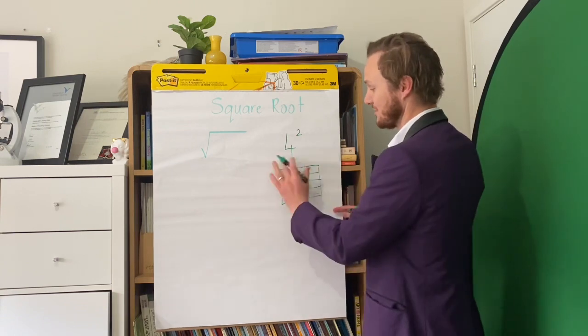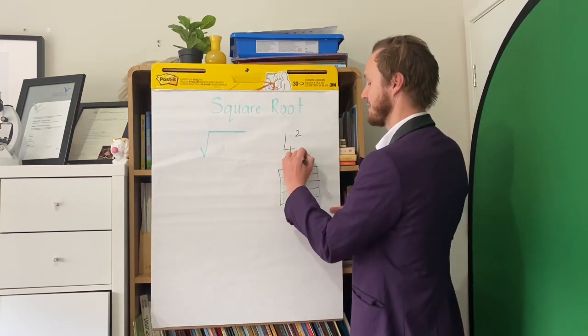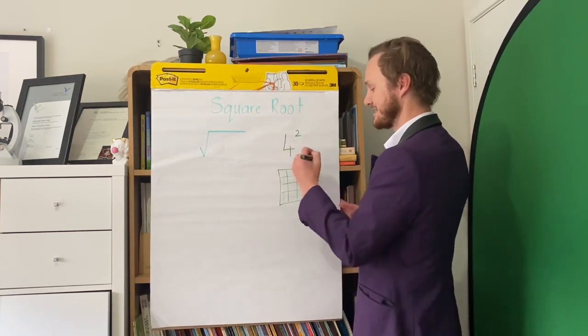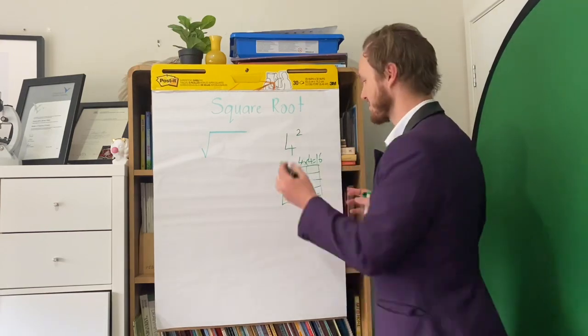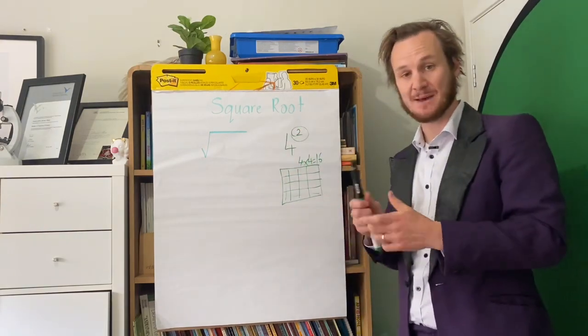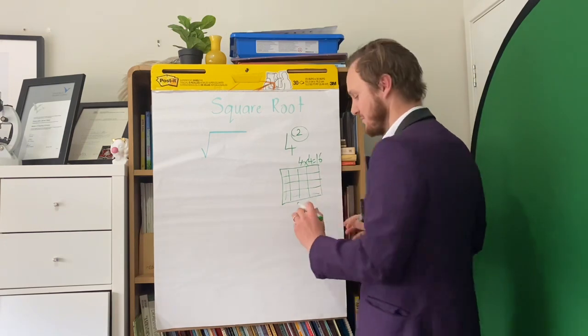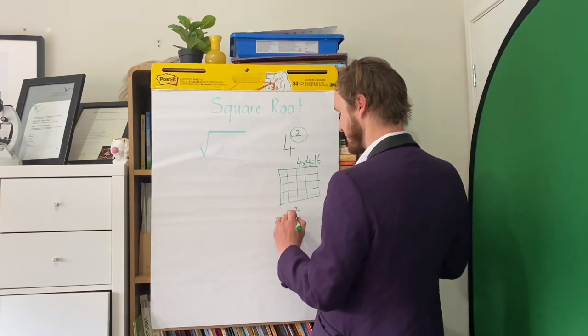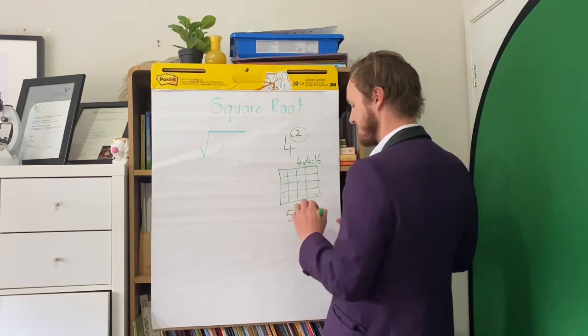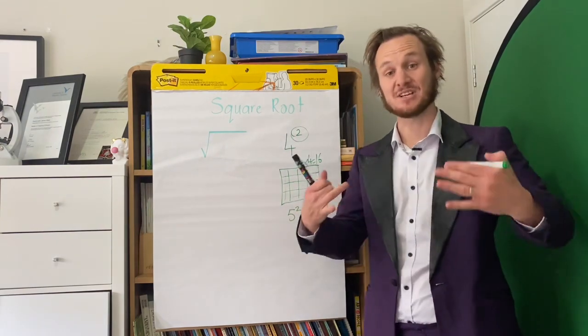So if you had them all by themselves, 4 squared would just mean 4 times by itself. So a squared number basically means you times the number by itself. So 5 squared equals 25 because 5 squared is 5 times 5.